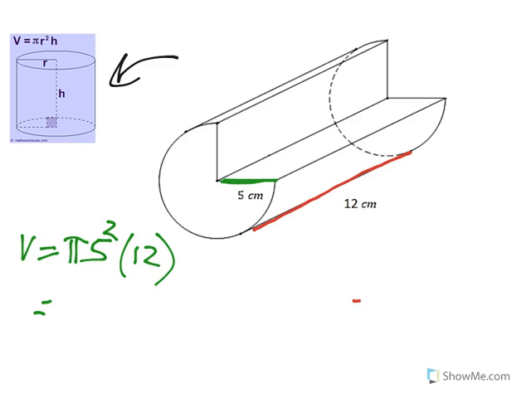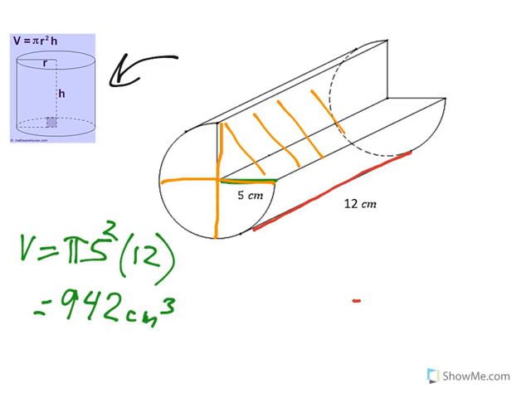This would equal 942 centimeters cubed. However, we have this whole section that has been removed, which, if you look at it, is equivalent to, if we take this circle and break it into 4 sections, 1/4 of this circle removed. So all we got to do is take this number, 942, and divide it by 4.